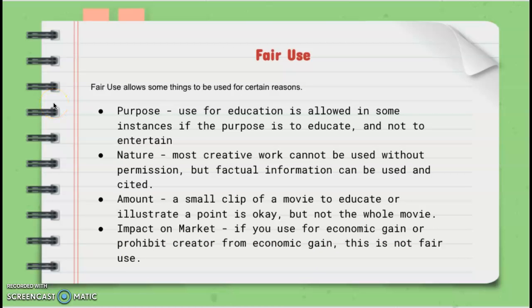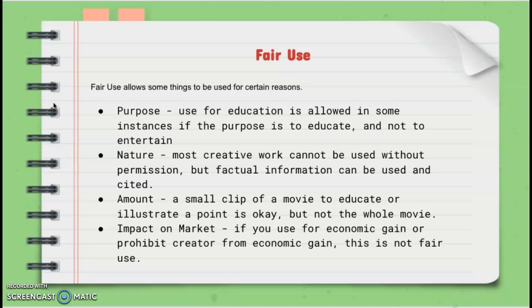There are some exceptions to copyright, and they're called fair use. This allows you to do some things for certain reasons. Here are some reasons that you can use other people's work. The first one is purpose. If your purpose is to use a creator's work for education, in most instances, you can use others' work for education as long as you are not using it to entertain.